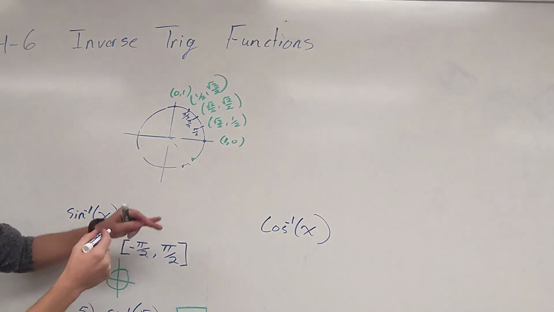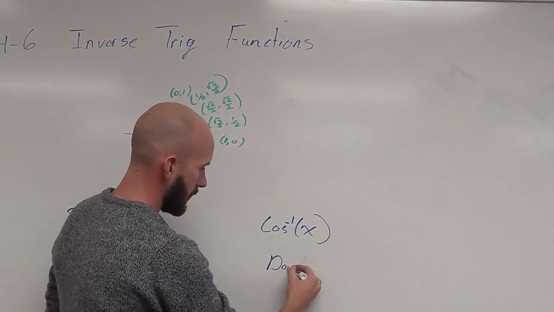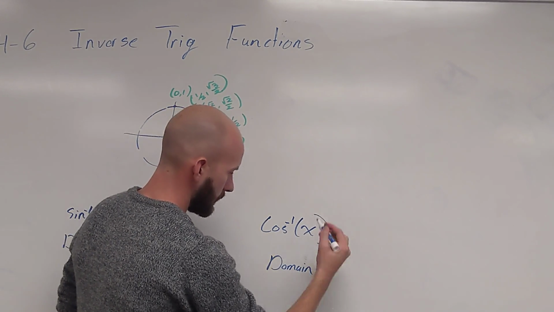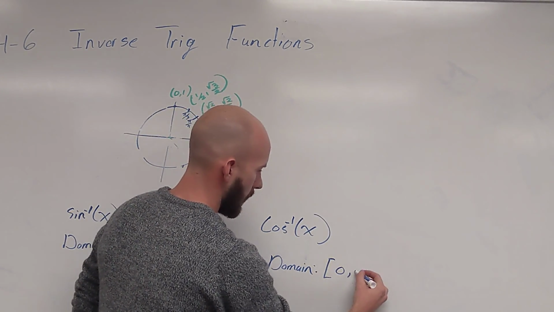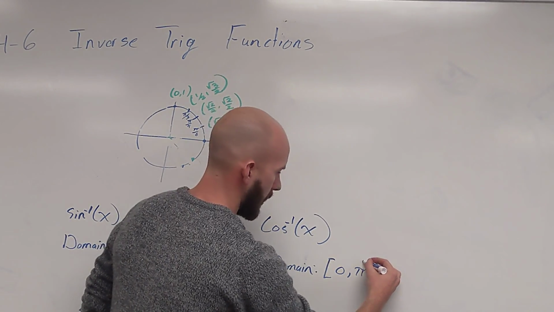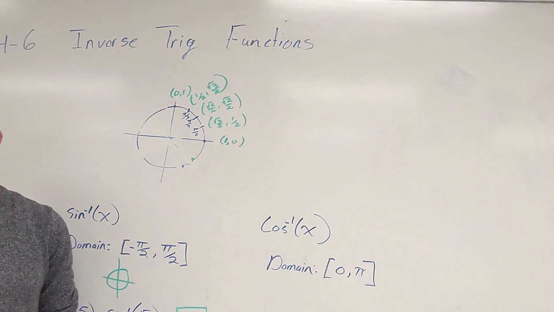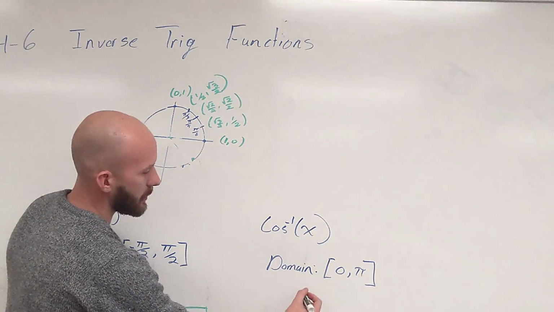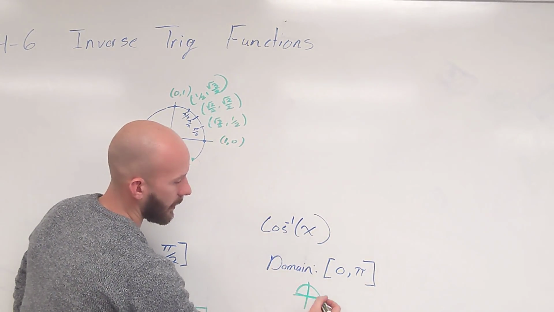So for cosine, we end up restricting the domain from 0 to pi, which is just the top half of the unit circle.